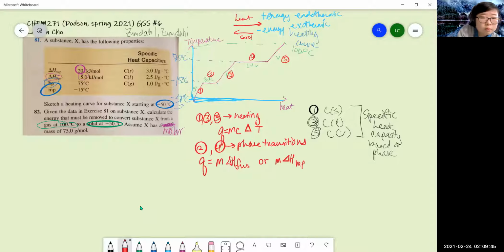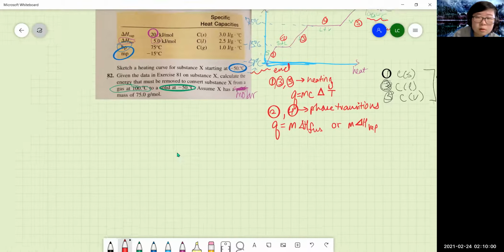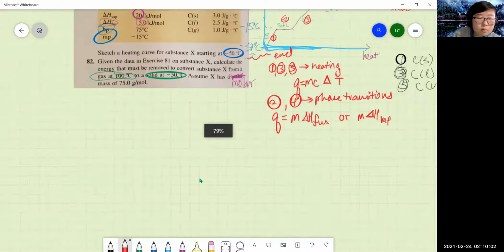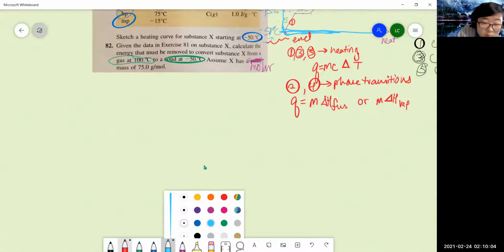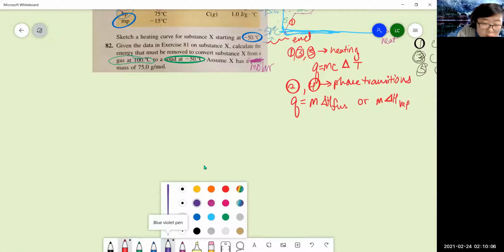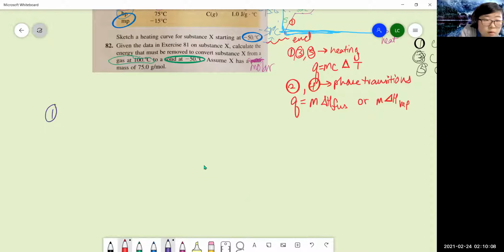solve this. So we're starting at 100 degrees. This is our start. And this is negative 50 is our end. And so we just kind of have to apportion this correctly. So all we need to do is, okay, so 1, you just need to do 100 degrees to a phase transition.